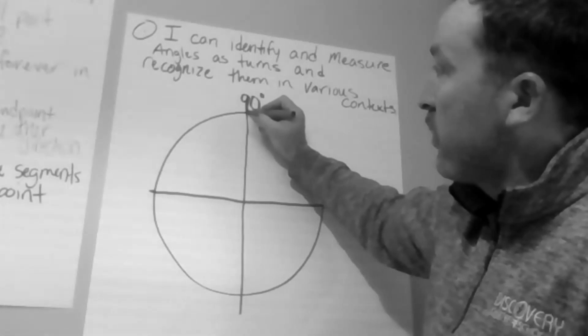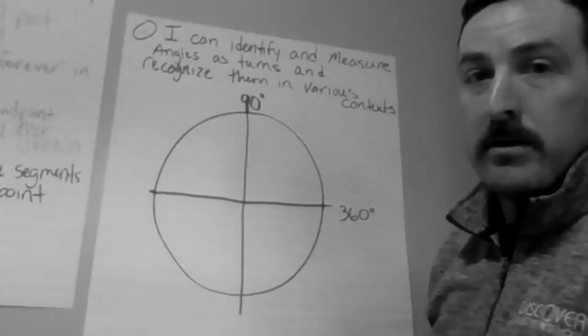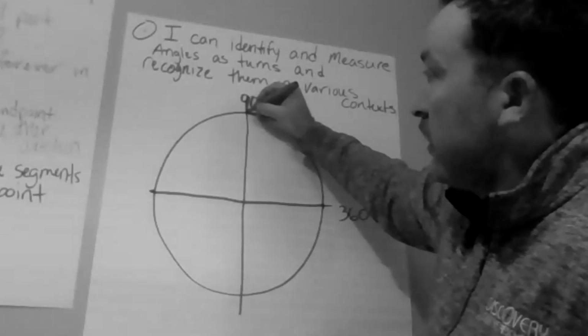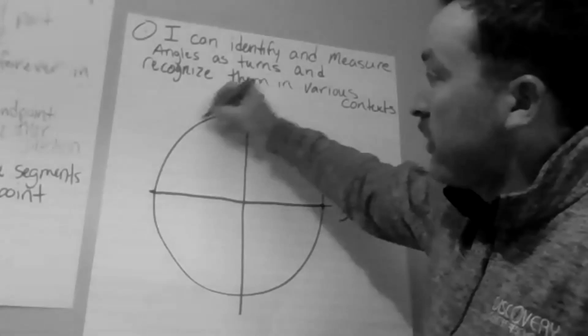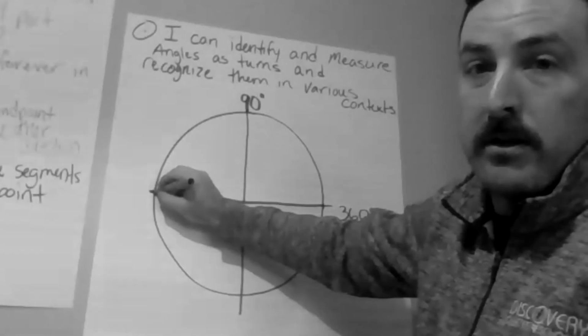From this top marker down here. Well, if from here to here is 90, how many degrees is it from here to here? Brian, I can't hear you.